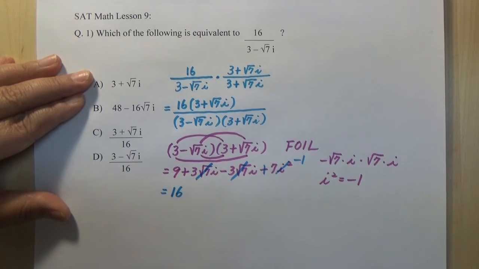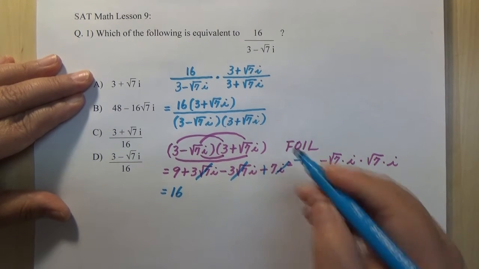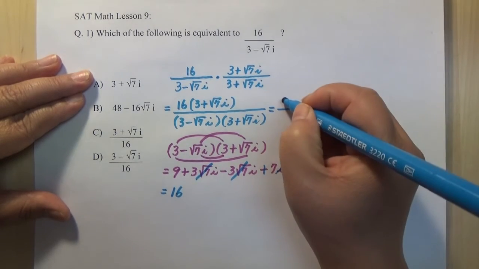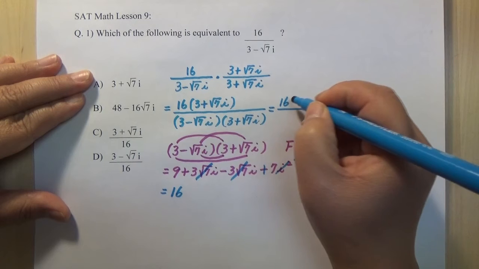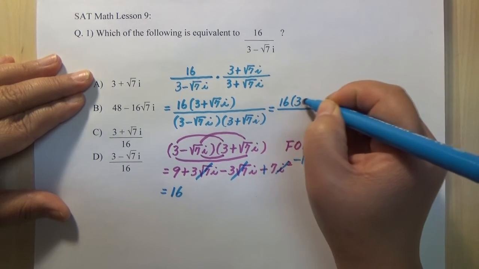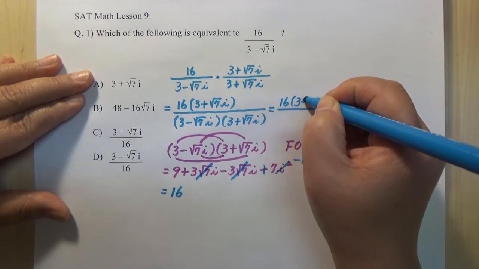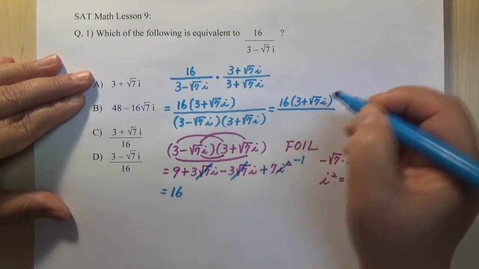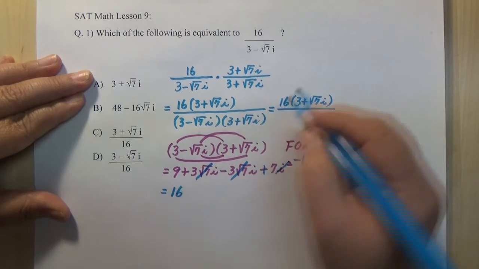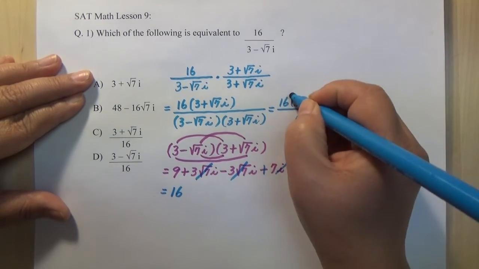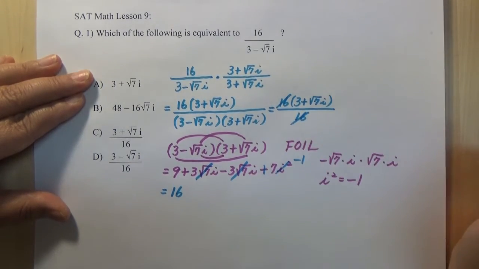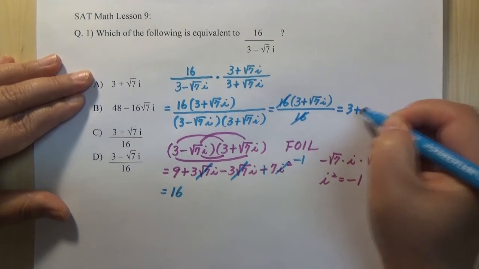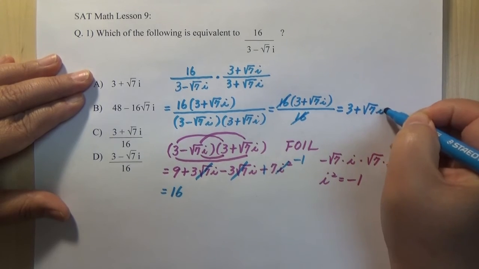So now I'm going to rewrite over here 16. I'm going to go back to the original expression. 16 times 3 plus square root of 7i over, this denominator is 16, so 16 and 16 will be cancelled out, and then this is going to be 3 plus square root of 7i.